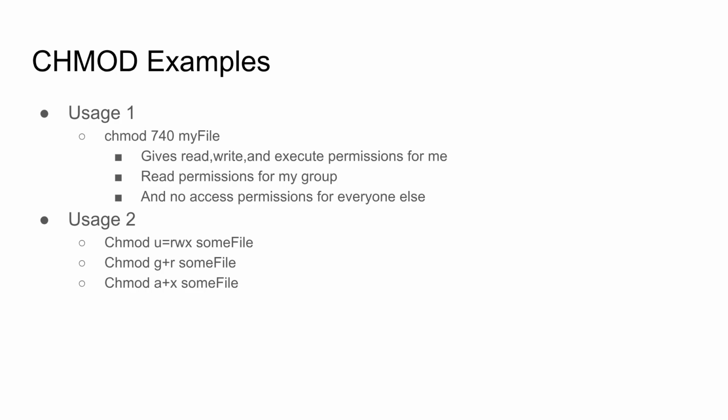So if they already had write permissions, now they have read and write permissions. If they had no permissions, they're just going to have read permission at the end of this. If they already had read, nothing changes. Or you can say chmod a plus x. This means now everybody has execute permissions. Or if you did a minus x, that would mean everybody loses the permission to execute this file.